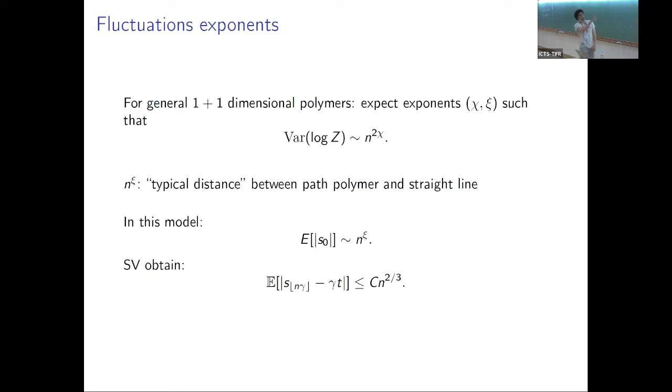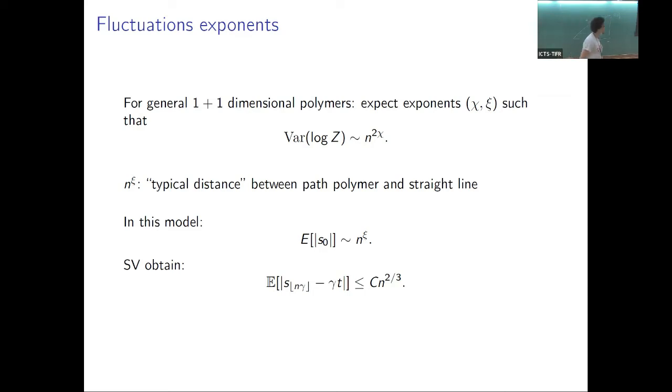Okay, so just to be clear what the fluctuation exponents are, in my course, I talked about n to the 2 chi being basically the order of the variance, and n to the xi is the typical distance. If you look at the straight line from 0, 0 here to this level here, Tn, and you look at typically how far this piecewise constant path is, very roughly, n to the xi should be this deviation.